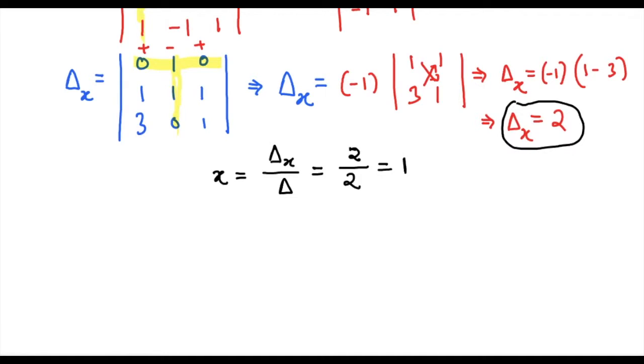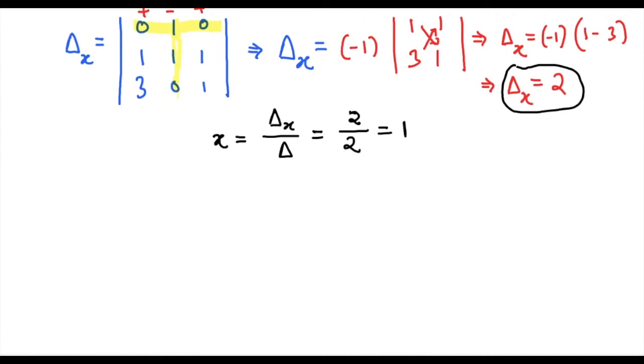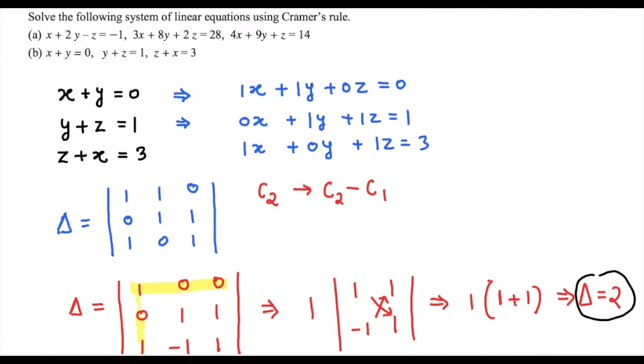Similarly, we can find the value of del y. To find del y, we leave the coefficients of x and z, that means 1 0 1 and 0 1 1, and in place of the coefficient of y we will write 0 1 3.